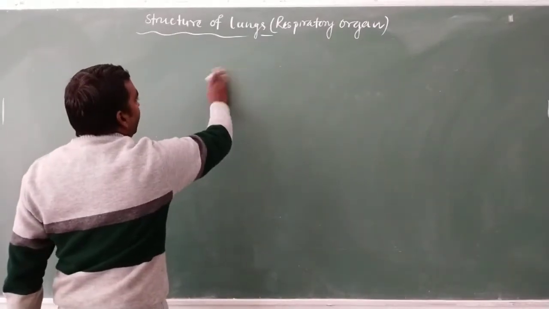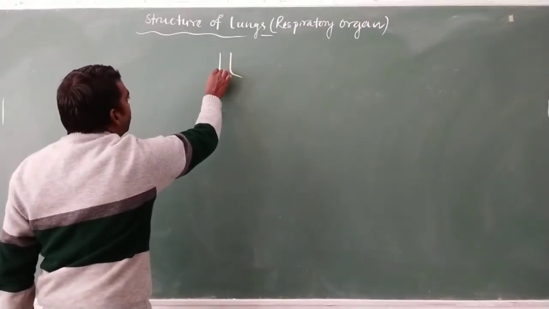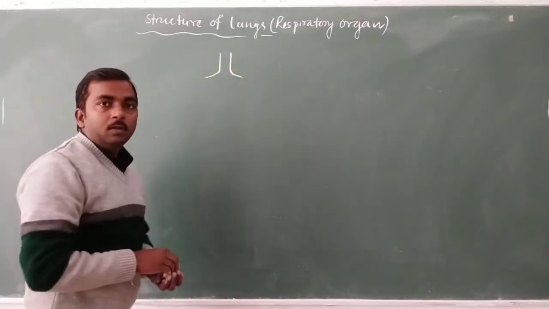In the respiratory tract, we last discussed the bronchi, which are made due to branching of the trachea. So the trachea makes branches, and these branches are known as bronchi.